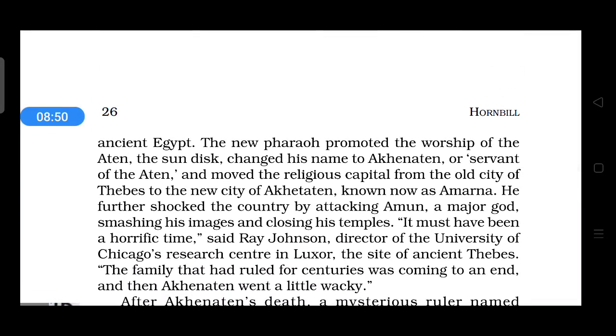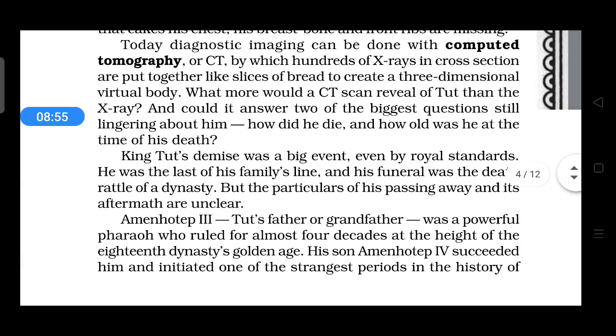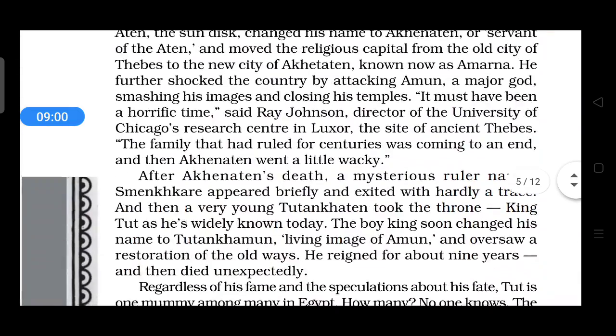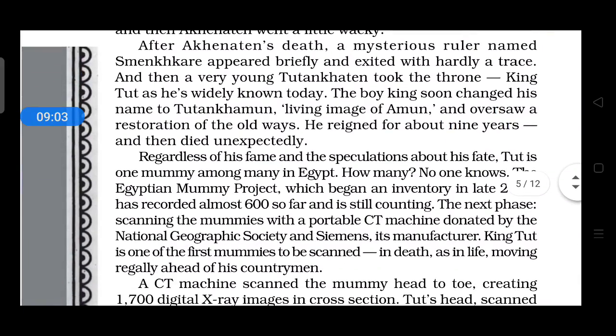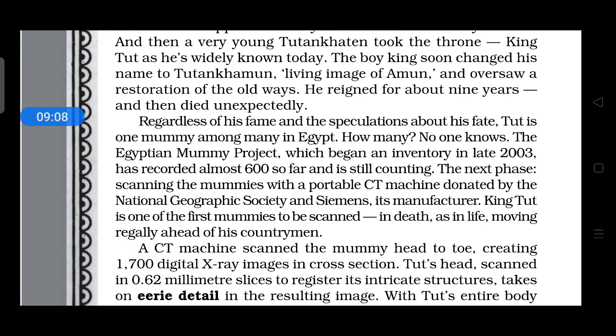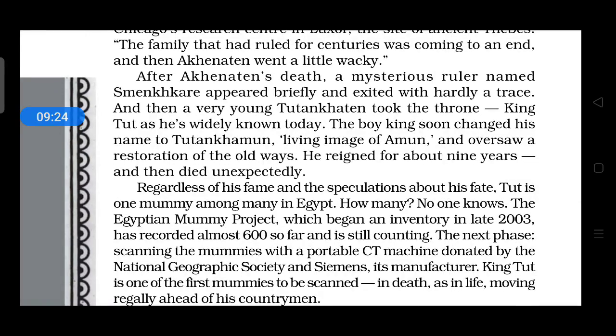So in this video, we got to know about the ancestors, Amenhotep III, Amenhotep IV, the CT scan techniques, the young boy and the different names they changed, and the Egyptian Mummy Project, late 2003, until now 600 mummies revealed. So in video number 4, we will see what kind of data they are getting after the CT scan. Right? Thank you.